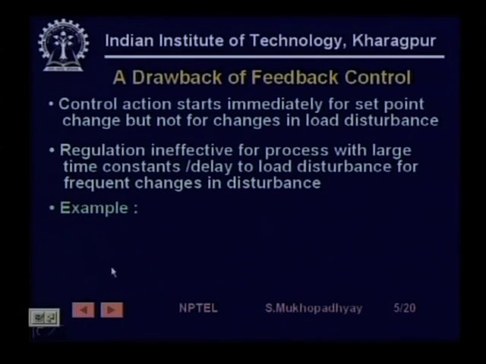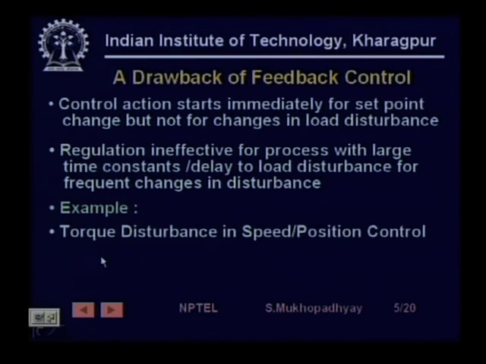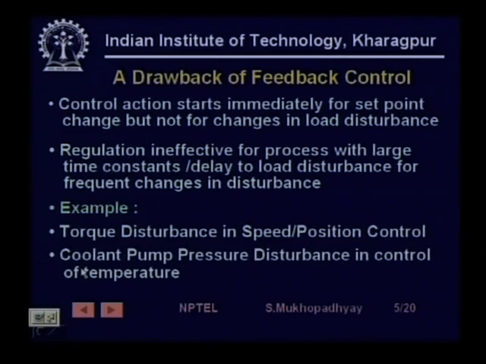What are the examples? Typical example is torque disturbance in speed or position control. That is the one that we have just discussed. Second one is, for example, control of temperature. For example, coolant pump pressure. Now, a change in pump pressure will affect coolant flow.